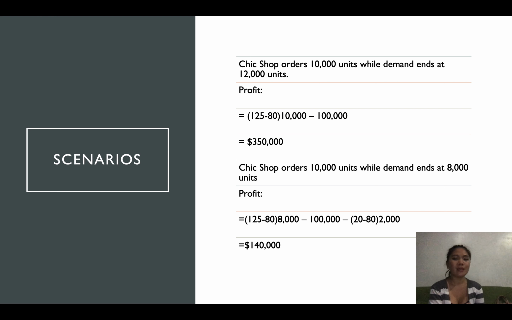Therefore, when 10,000 units are ordered but only 8,000 units are demanded, profit will be $125 less $80 variable cost times 8,000 units less the fixed cost of $100,000 less the loss of selling the surplus units at a salvage value of $20, so that will be $20 less $80 variable cost times the surplus of 2,000 units, resulting in a gross profit of $140,000.